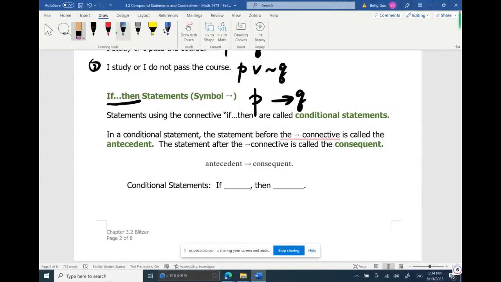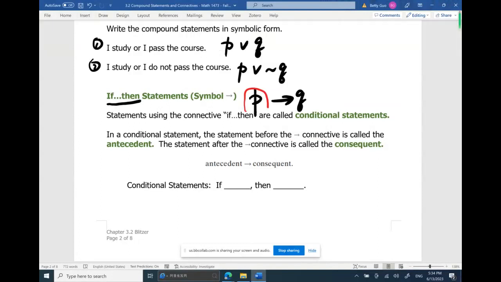The simple statement in front of the symbol is the antecedent, and the statement right after the symbol is the consequent. Antecedent is the statement before the notation, and consequent is the statement right after the notation.